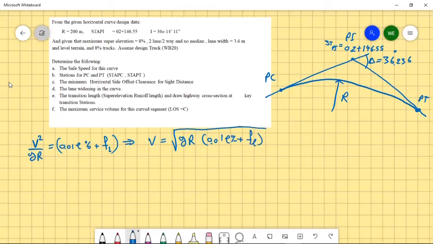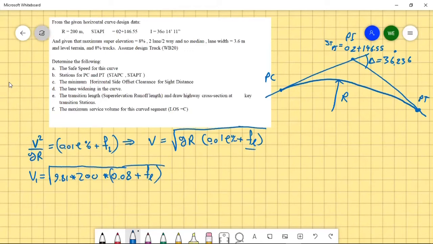Let's substitute for the values that we know. So let's say V1 equals the square root of 9.81 multiply the radius, 200, multiply, what is the superelevation? The maximum superelevation is 8%. Let's go with 8%. So it's 0.08 plus, but we don't know the side friction.